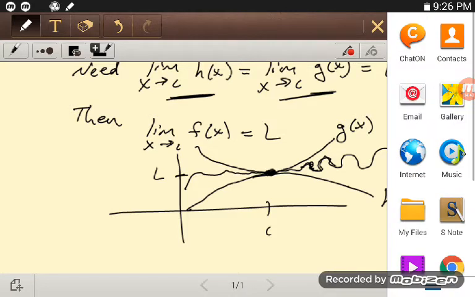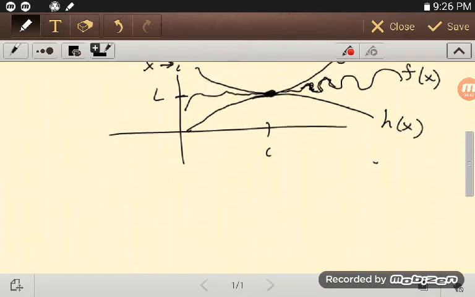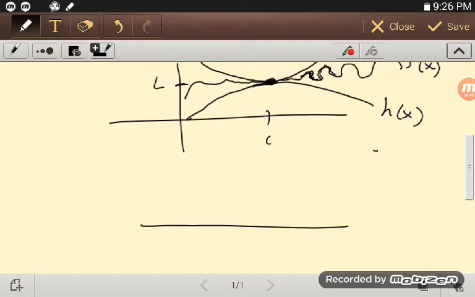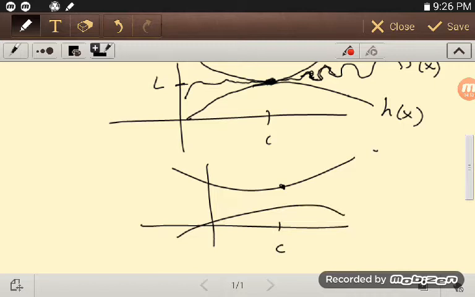If they didn't meet up, if we had a situation like this, where here's g of x and here's h of x, well, f doesn't have to have a limit. It could do all sorts of different behaviors.